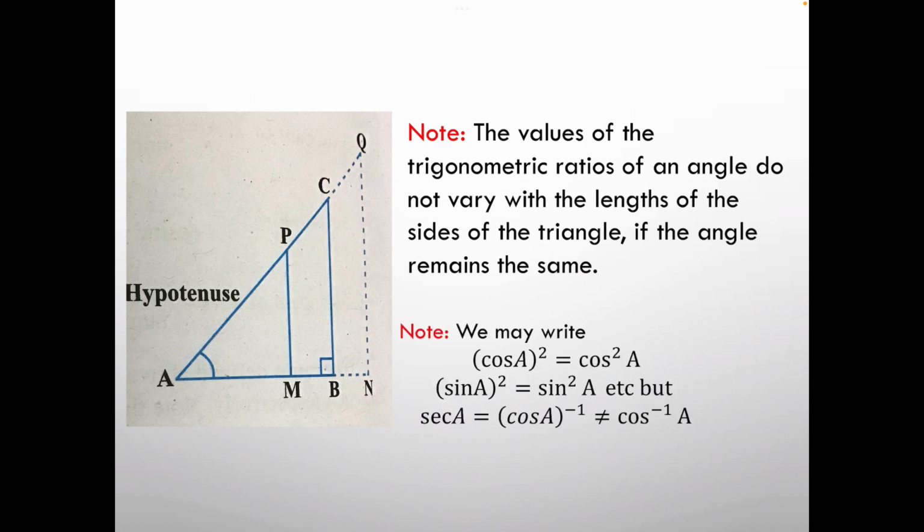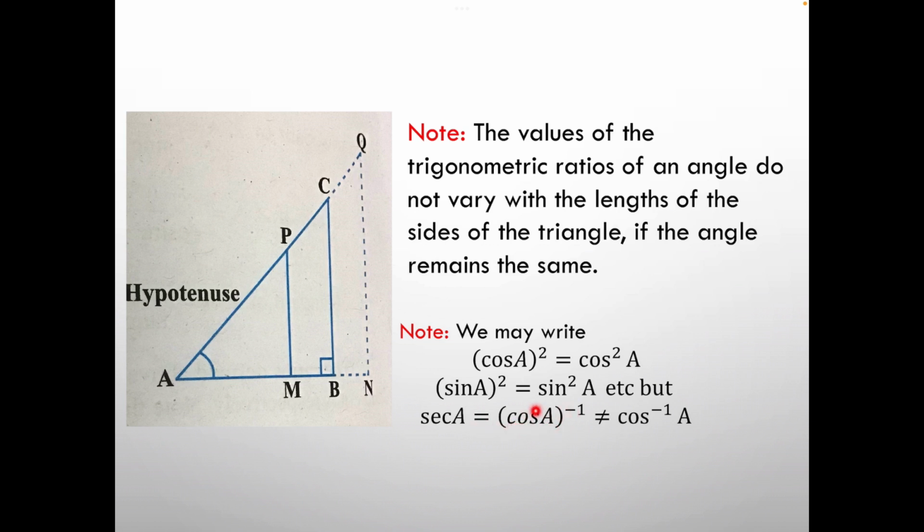Second thing to keep in mind: when we square the functions cos, sine, tan, etc., cos A whole square can be written as cos square A, or sine A whole square as sine square A. But sec A, as I told you, is 1 by cos, that means cos A whole inverse.